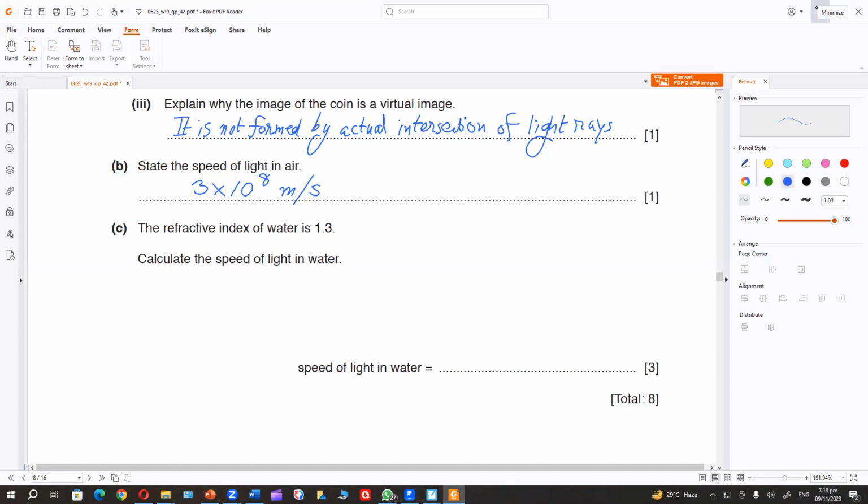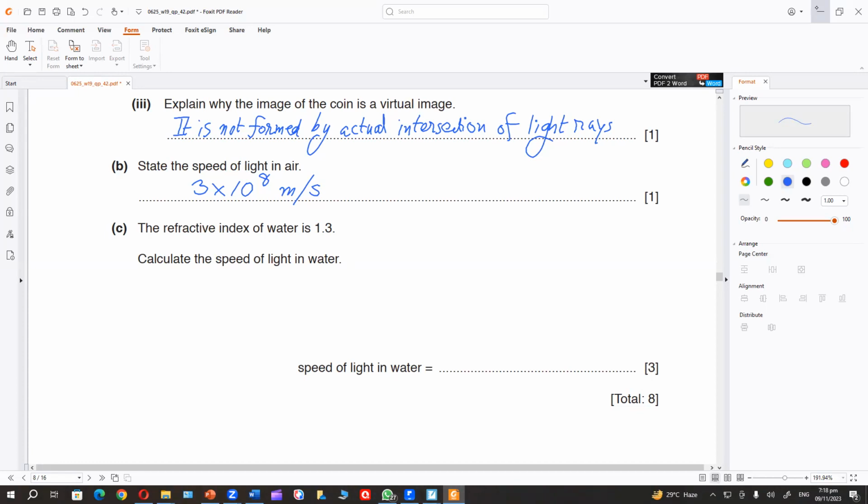That's right, right? For this one, we can use n is equal to sine i divided by sine r, right? Refractive, but he's asking for speed. Oh, speed. Okay.